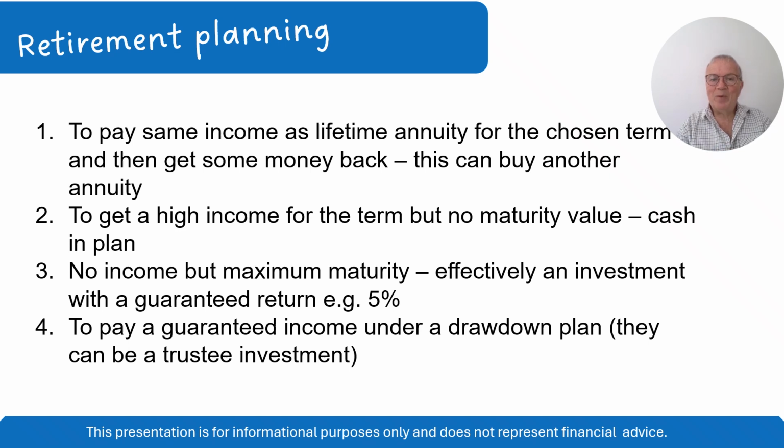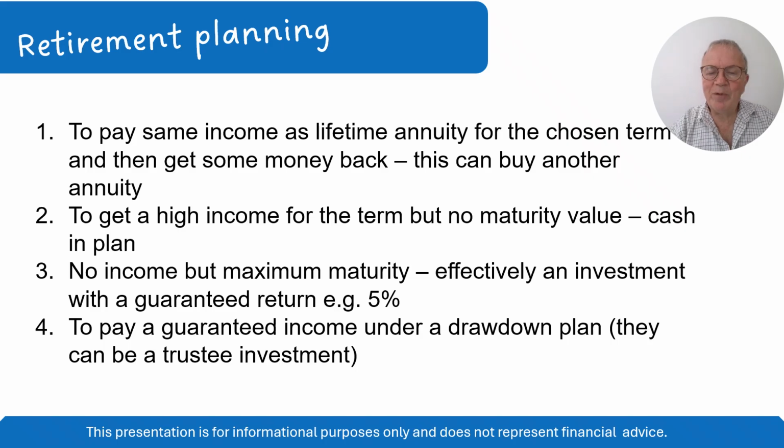I think the best way of looking at this is, two options. If you have a modest pension pot and you just say, I'm 60, I've got the state pension coming in in 6 years, I just want to use this pot to strip out income. You can have a plan that pays you the highest level of income and you run out of money. But that's not a problem because the state pension kicks in.